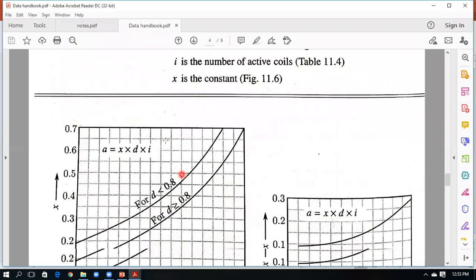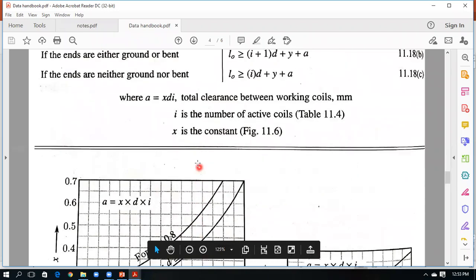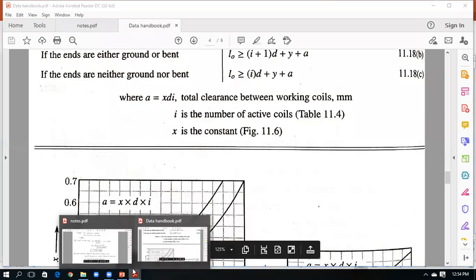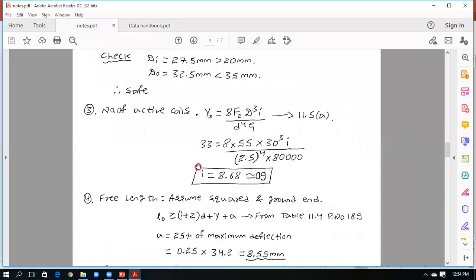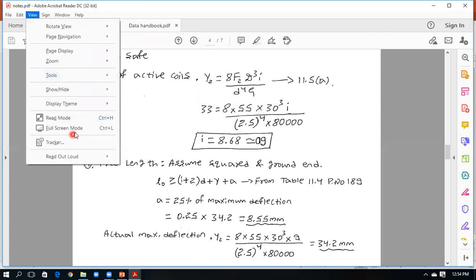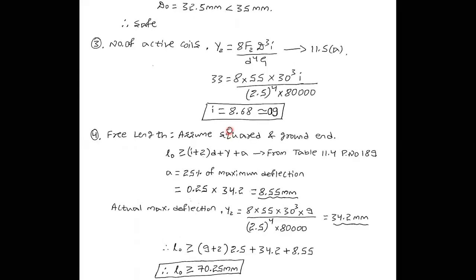X, you need to take from this figure. In the previous problem I already used this formula and solved it. Now, one more formula is there to calculate the a value, and I will use that formula. The a formula is 25% of the maximum deflection.